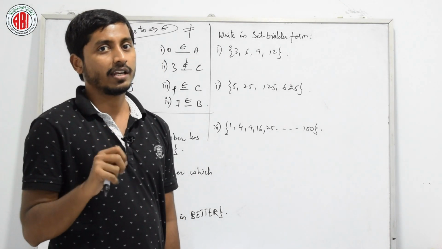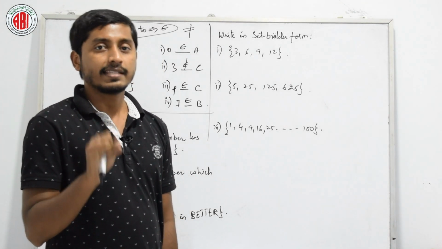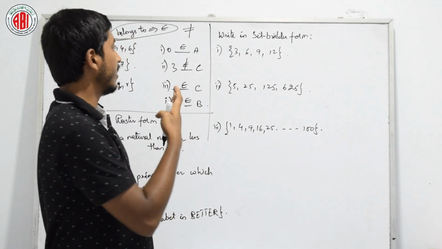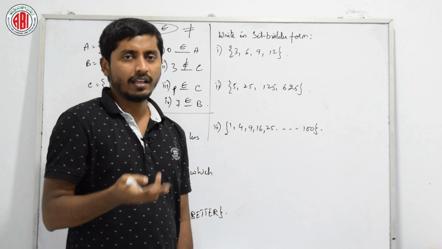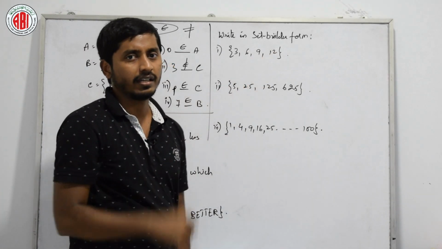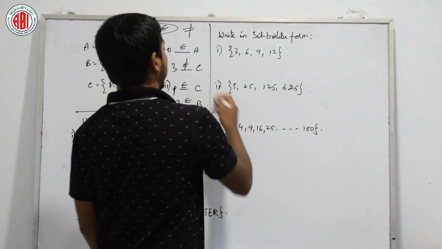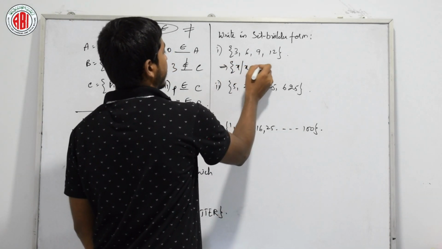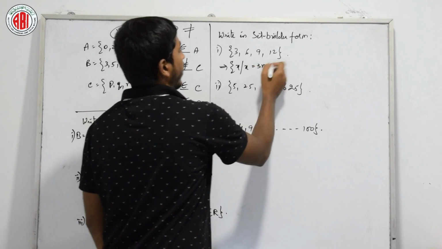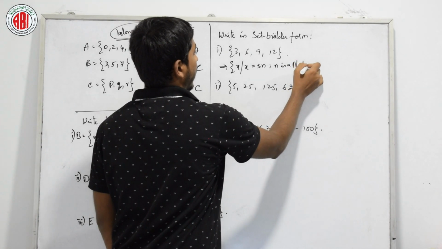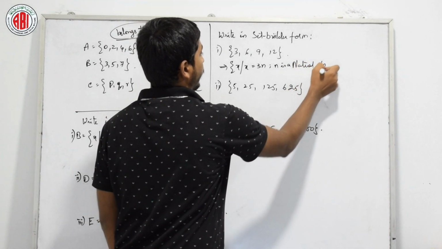Yes, there is. 3, 6, 9, 12 can be written as 3n, where n is 1, 2, 3, 4. These are the 3 table, isn't it? Let us write it like that: x such that x is equal to 3n, where n is a natural number.